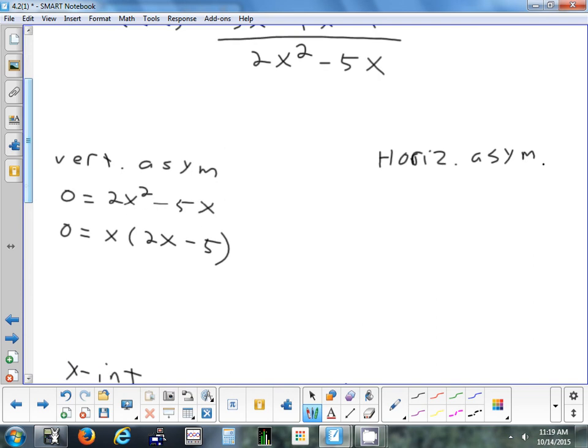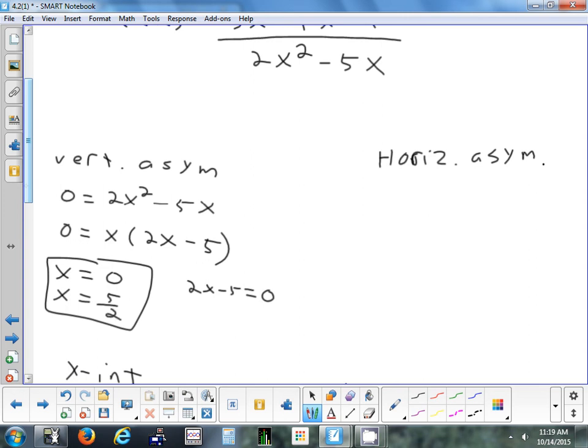Devin, what would make this first factor 0? 0. And Dave, what would make this second factor 0? Think about if you set that equal to 0 and then solved it. 5 halves? Yeah, perfect, 5 halves.